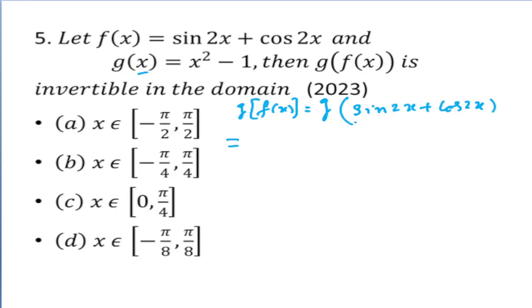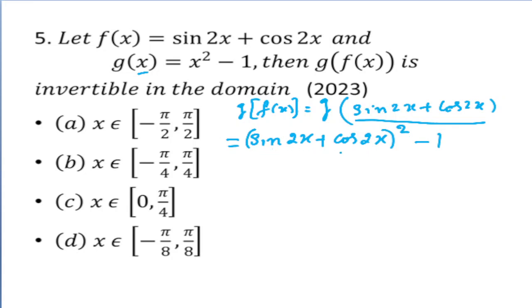Keep it in mind, the whole function we have to substitute in place of x. Now, in place of x, what do we have to write? Sine 2x plus cos 2x. So what is the power we have for x? Square. So be careful, you have to take the whole square minus 1.